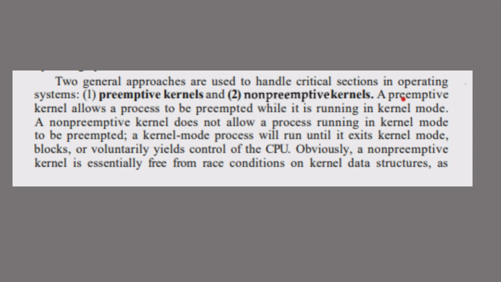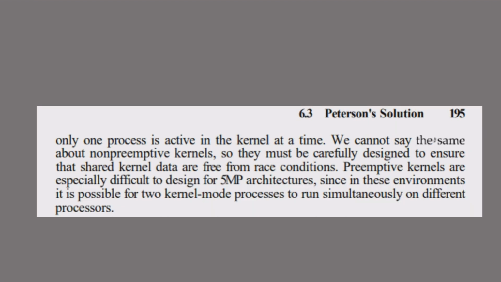A kernel-mode process will run until it exits kernel mode, blocks, or voluntarily yields control of the CPU. Obviously, a non-preemptive kernel is essentially free from race conditions on kernel data structures, as only one process is active in the kernel at a time. We cannot say the same about preemptive kernels, so they must be carefully designed to ensure that shared kernel data are free from race conditions.